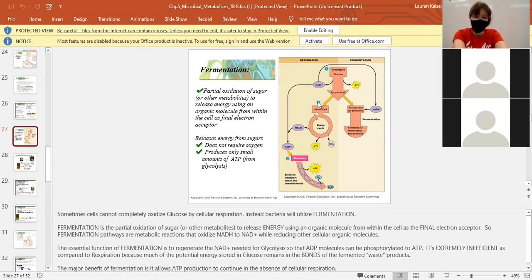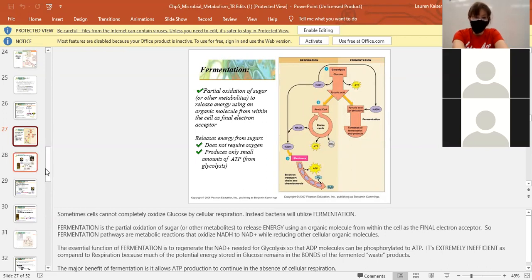Pyruvic acid goes to the acetyl coenzyme A step, and then through the Krebs cycle, which in and of itself produces some ATP, some energy. Then our NADHs join forces and go along the electron transport chain. That's our lineage here.